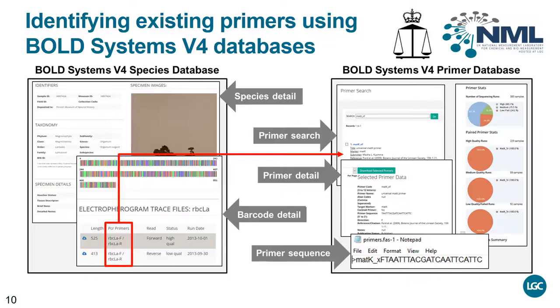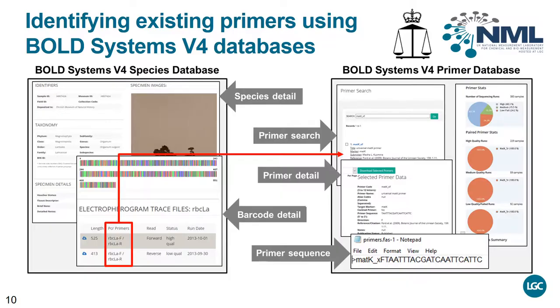Complementary to this is a PCR barcode primer database. This contains DNA sequence information for all the primers that have been employed to generate barcoding sequences. The BOLD database represents a useful resource when searching for pre-existing primer sets for use in DNA melting analysis.